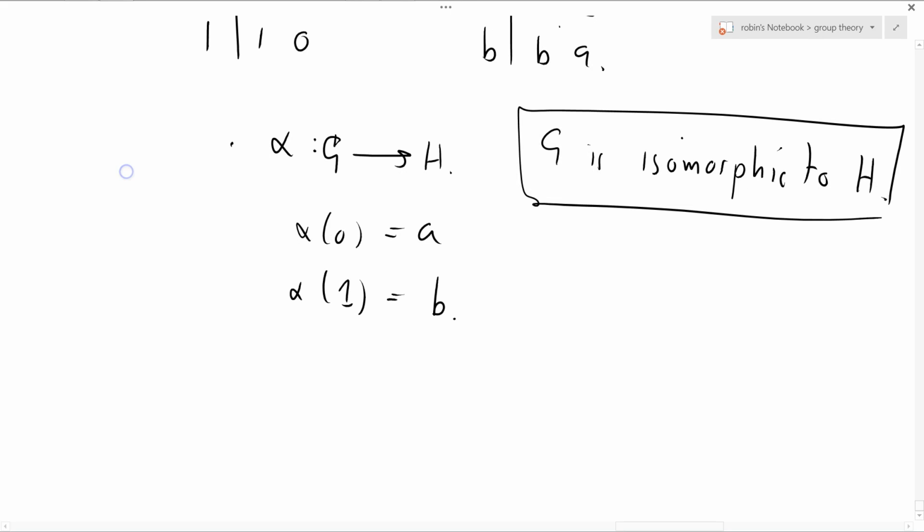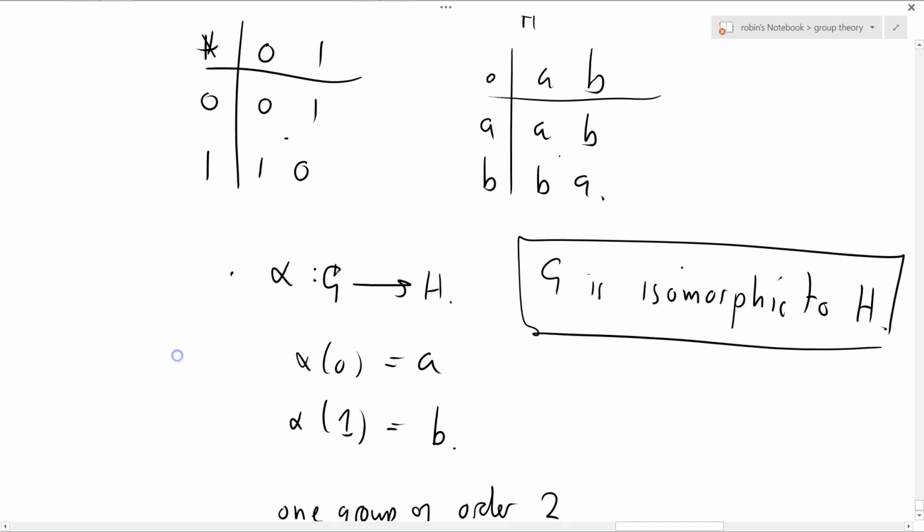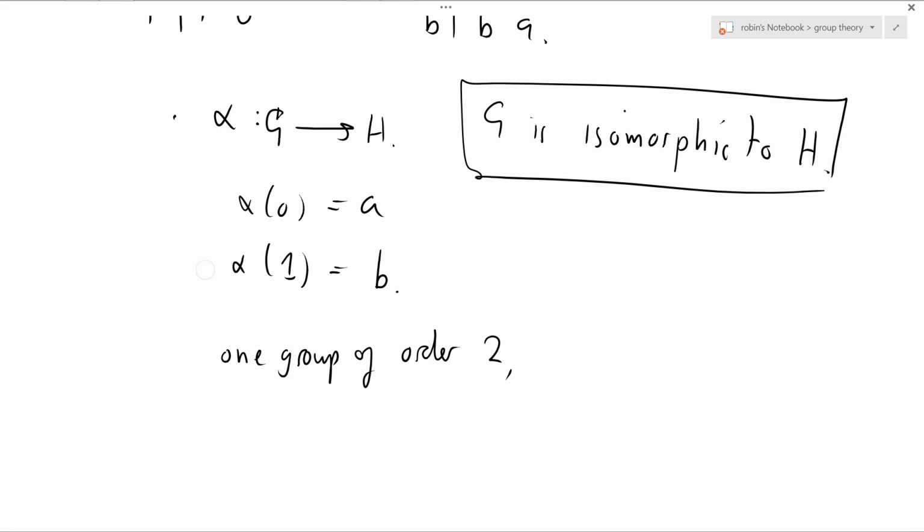So quite often you say that there's only one group of order 2, which is namely this one here, and you say up to isomorphism.